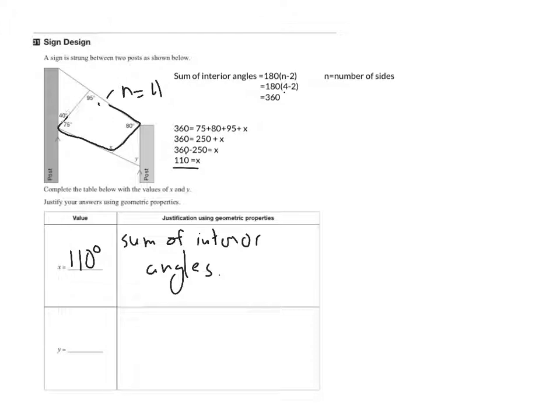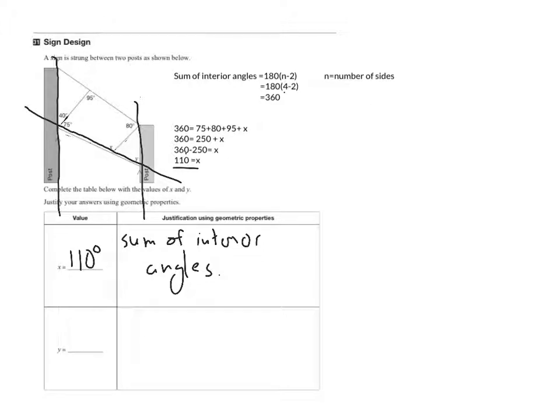Let me go ahead and erase this so you could see when I solve y. So to solve y, it's a little tricky. I can remember that these are two parallel lines that are dissected by one line.